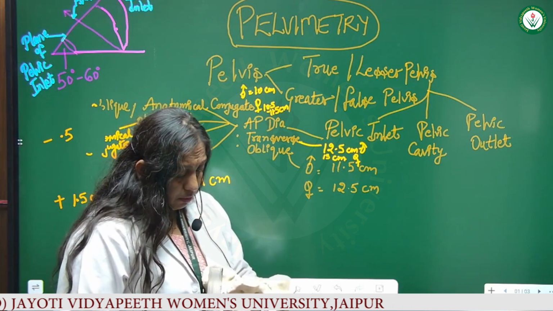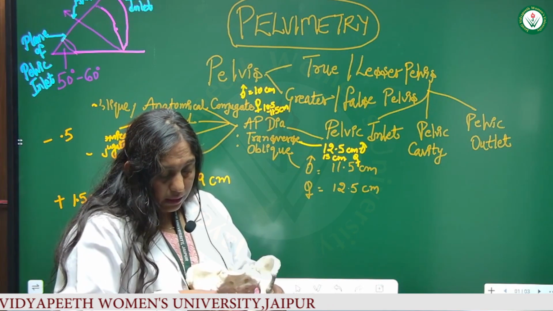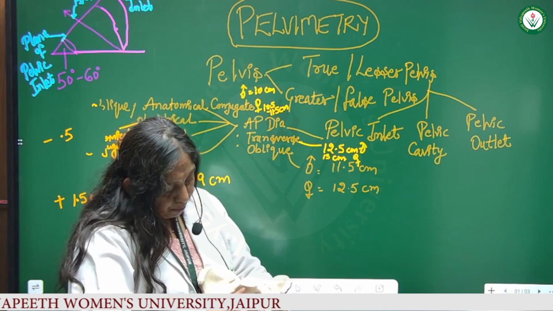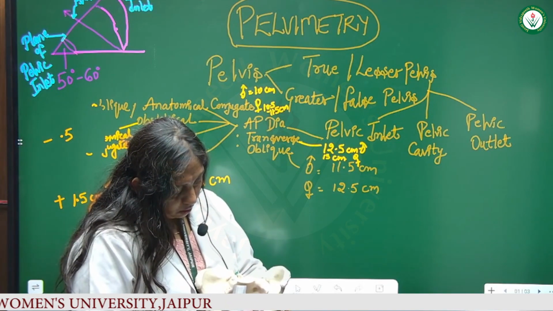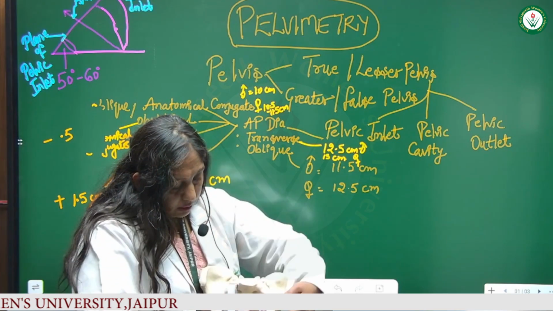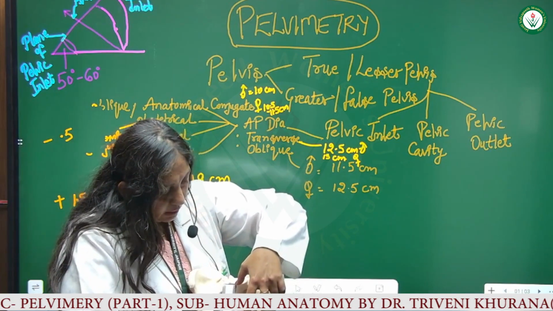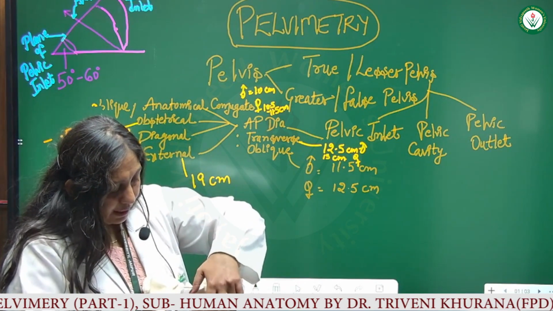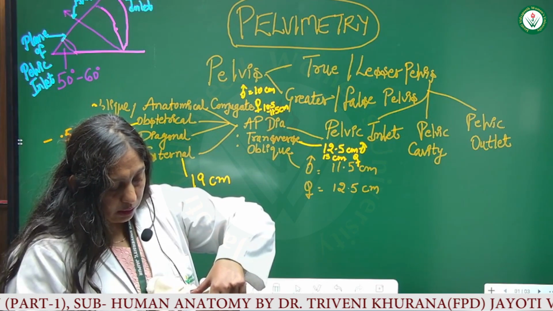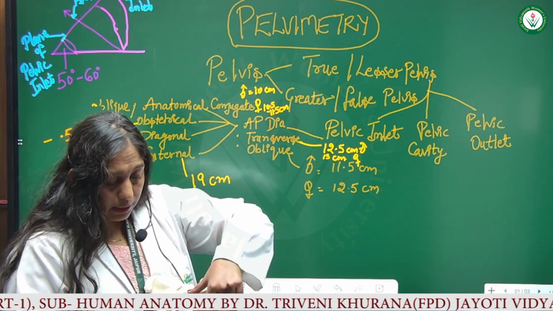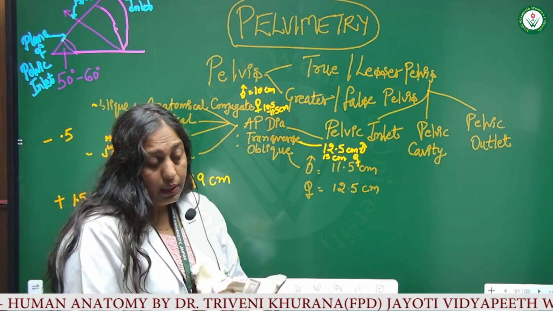Obstetrical diameter हम देखेंगे the distance between the inferior surface of the pubic symphysis up to the sacral promontory. When we put the scale on the midpoint of the inferior surface of the pubic symphysis up to the sacral promontory, it is nearly 0.5 less than our anatomical conjugate. तो हमारा एनाटॉमिकल कंजुगेट था 11 सेंटीमीटर और 11 सेंटीमीटर में से 0.5 माइनस करेंगे तो हमको मिलेगा हमारा ऑब्स्टेट्रिकल डायमीटर.